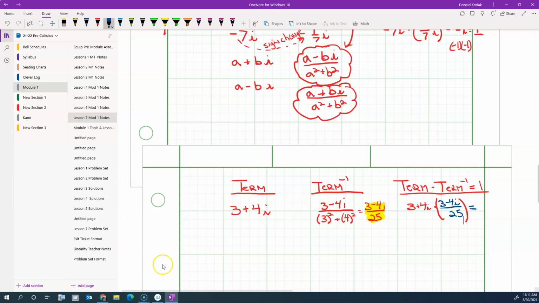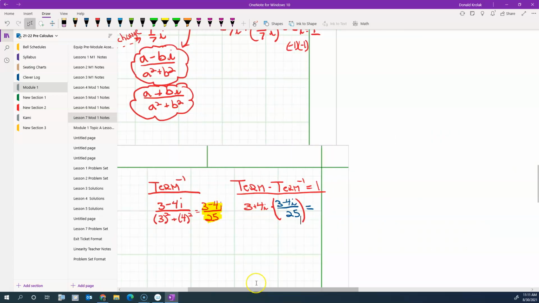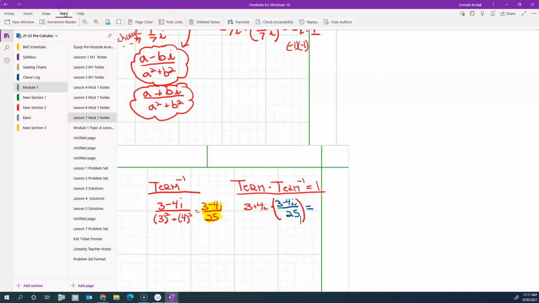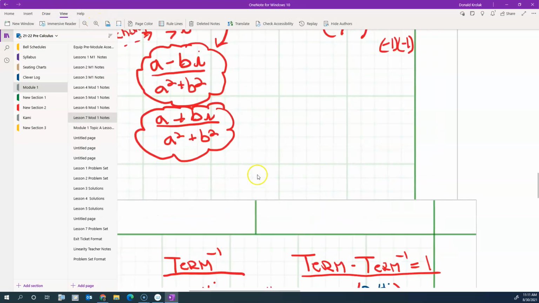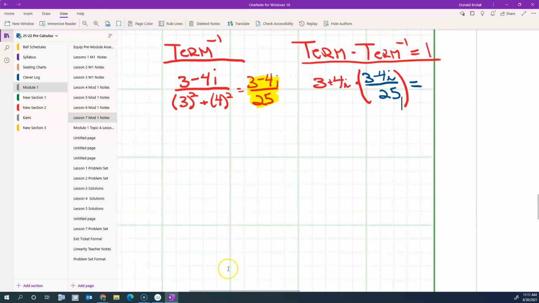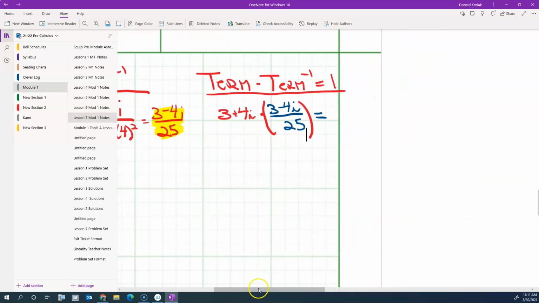How's that going to equal 1? If I multiply those, the bottom is 25. Okay, what's the top equal to?